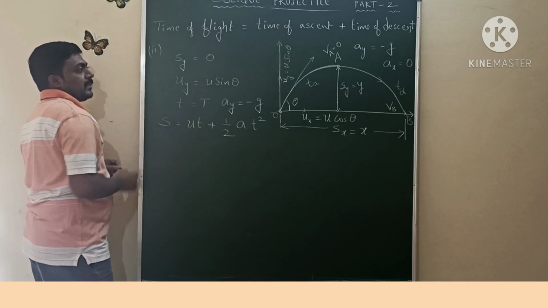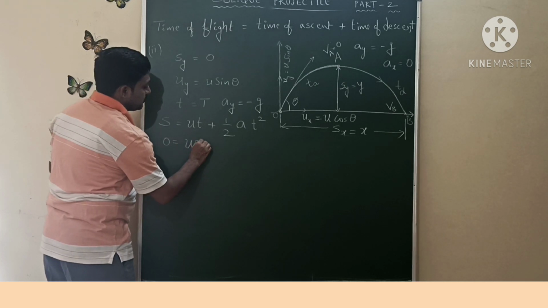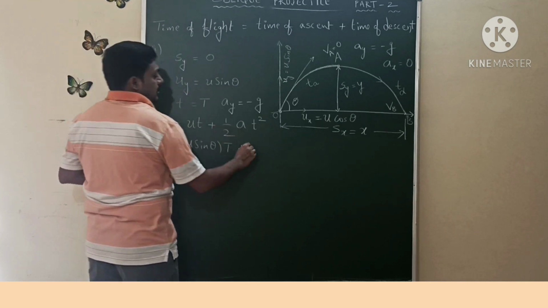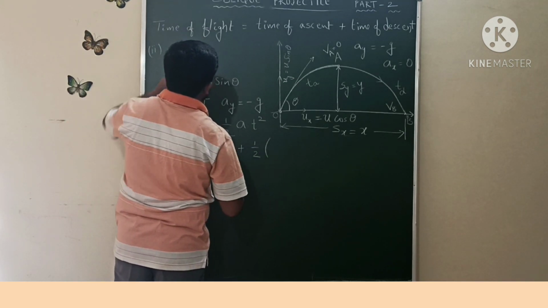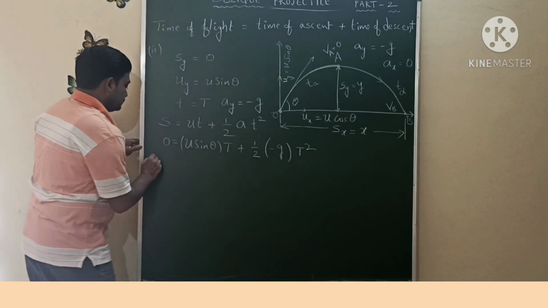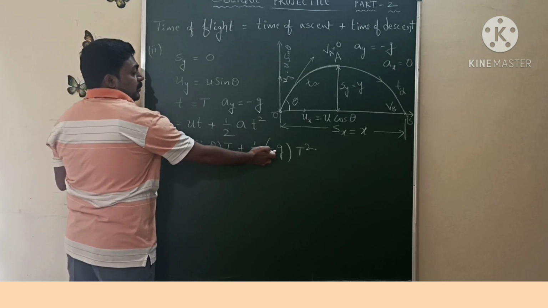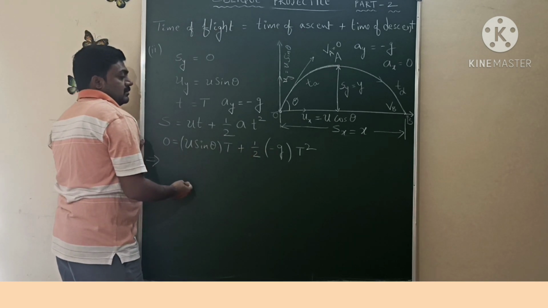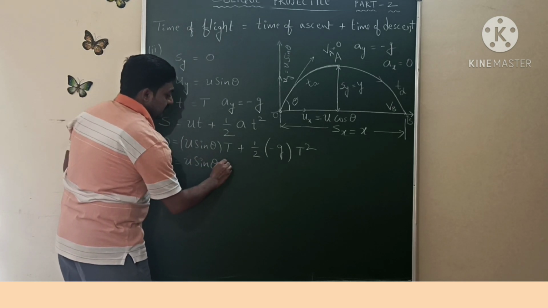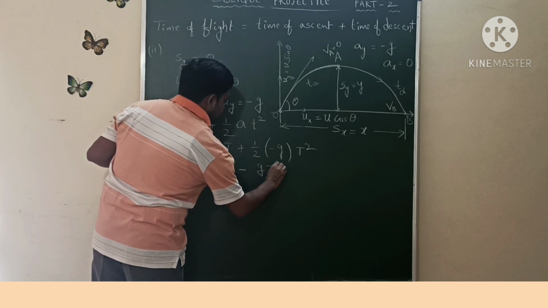From this equation, S is 0, u is equal to u sin theta, time is time of flight, and acceleration is minus g. So 0 is equal to u sin theta into T, plus half into minus g into T square, that is 0 is equal to u sin theta into T minus g T square by 2.